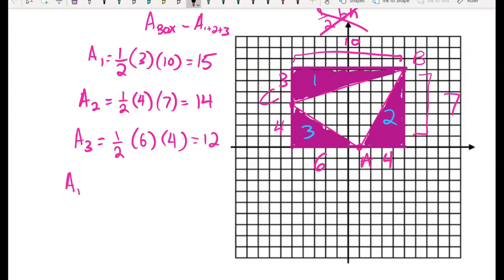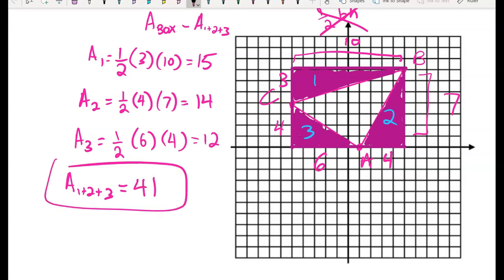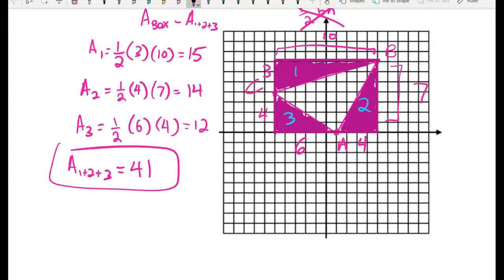So the area of all three of these triangles combined, if I add 15 plus 14 plus 12, is just 41 units. So that's the area of the triangles in purple going around. The area of the box that I've encased my triangle in is just the length times the width, or just 10 times 7, which in this case is 70.